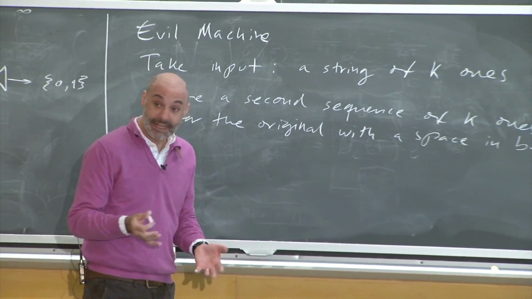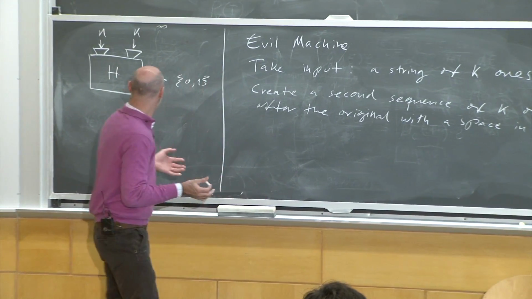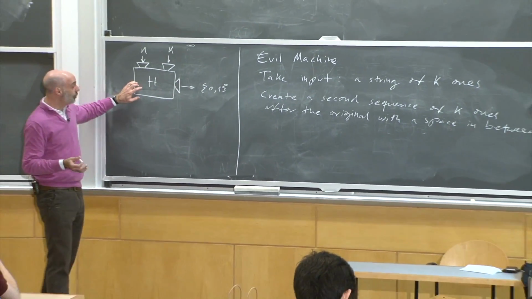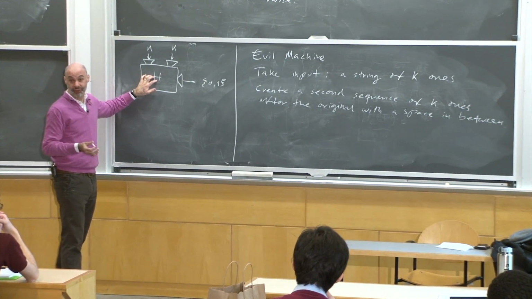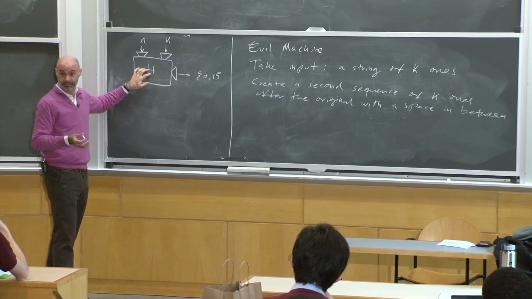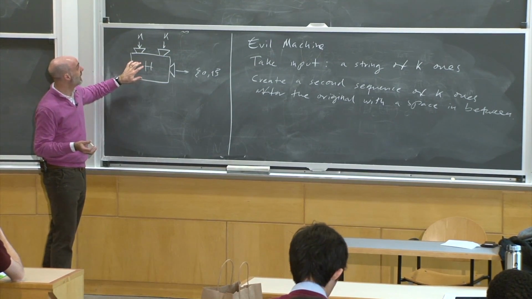OK, and then the second thing it's going to do, and this is the crucial step, is that it's going to deploy the program of the halting function as a subroutine. Because remember what the program of the halting function does.